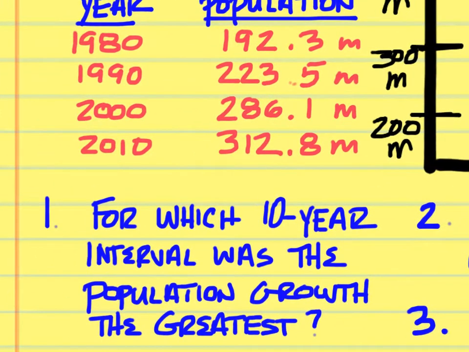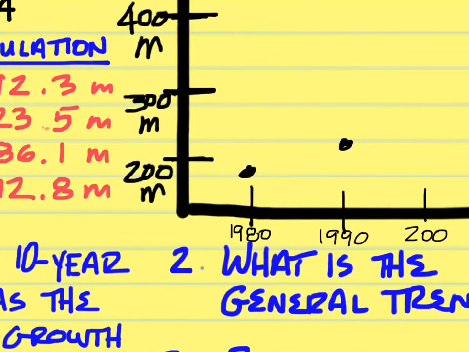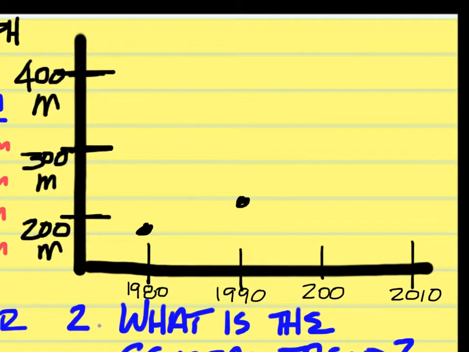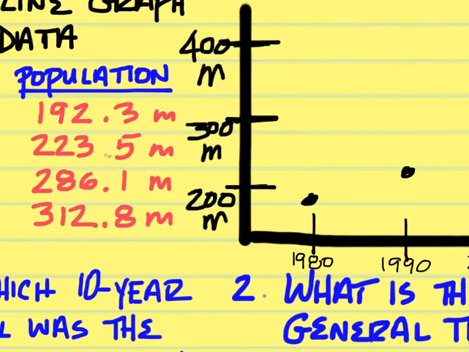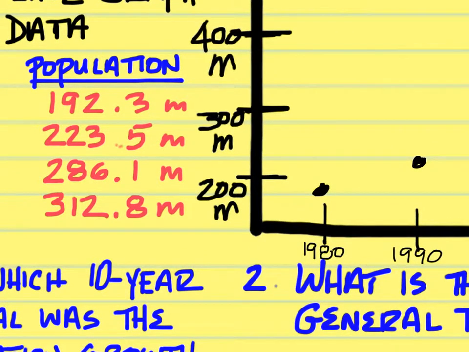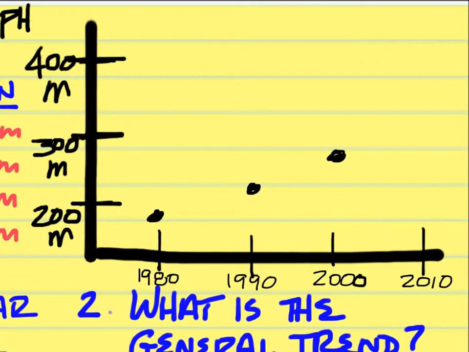And the next one for the year 2000, 286.1. 286.1 is going to be approximately here. It's got to be below the 300 million. And then the last one, 312.8 million for the year 2010 would be approximately here.